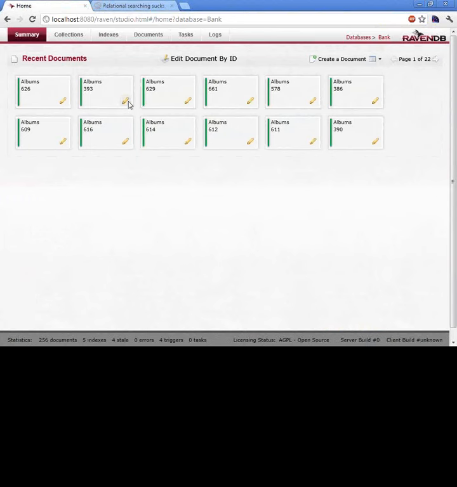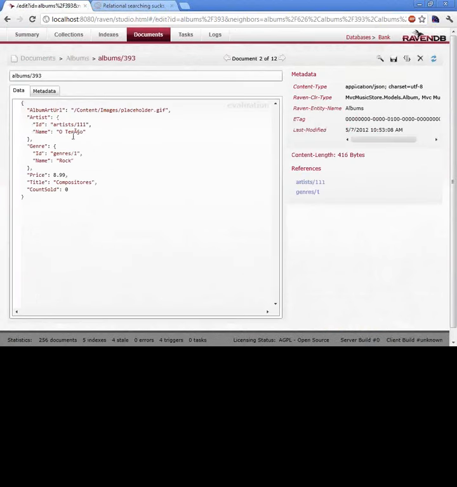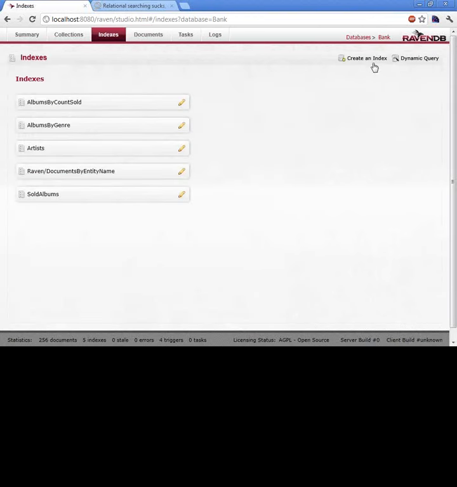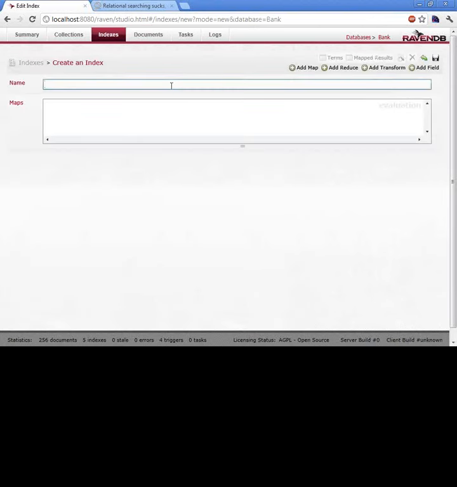So here we have an example of an album, and we have the notion of a genre. And if we look at the genre, now what I want to do is sort by the description. So let's try to do something like that. Okay. And the way to do that is from album.